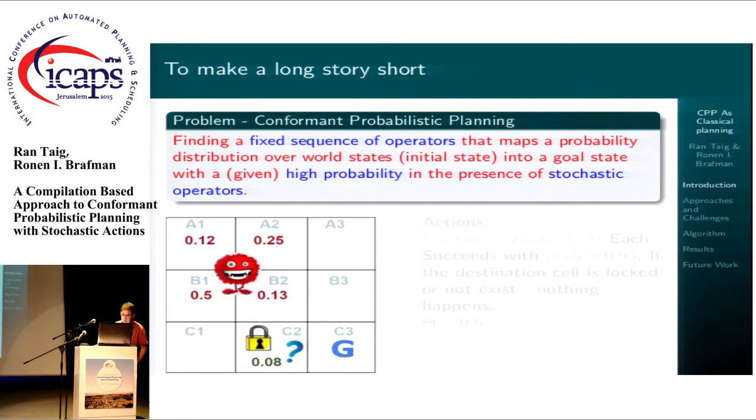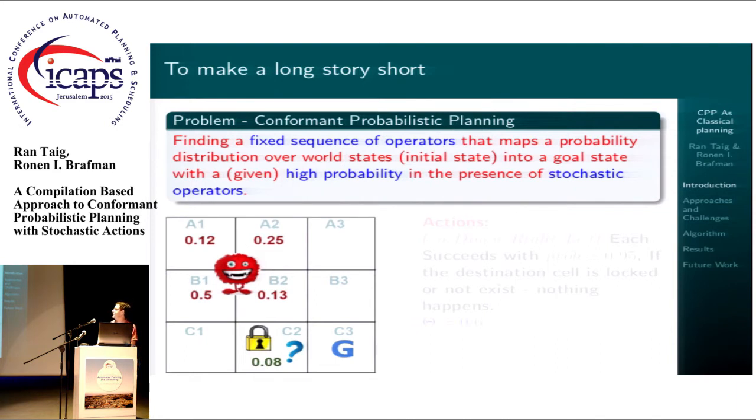So to make a long story short, the problem that we're trying to solve is a simpler model than the ones that we talked about in earlier talks. And this is the problem of conformant probabilistic planning, or CPP in short. And in this problem, we're trying to find a plan, not a conditional plan. We don't have observations.